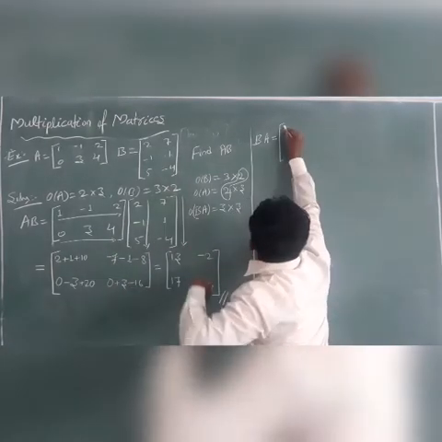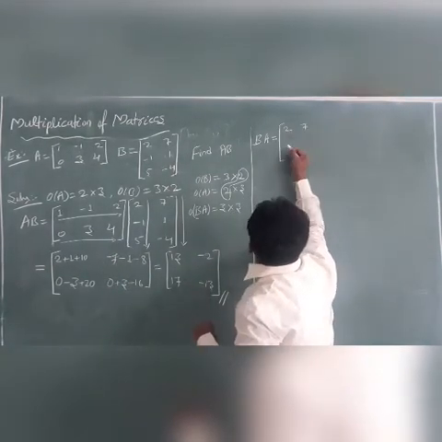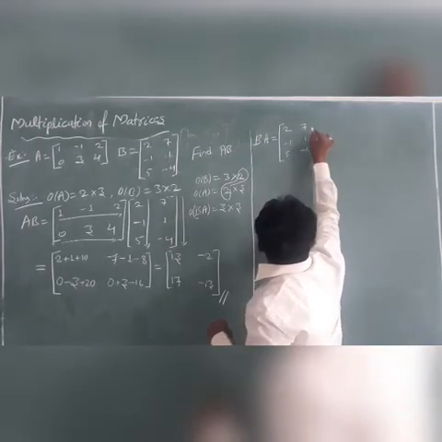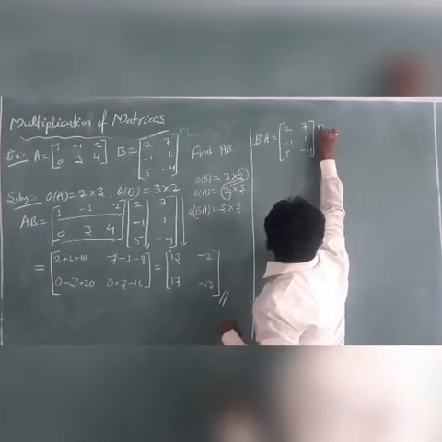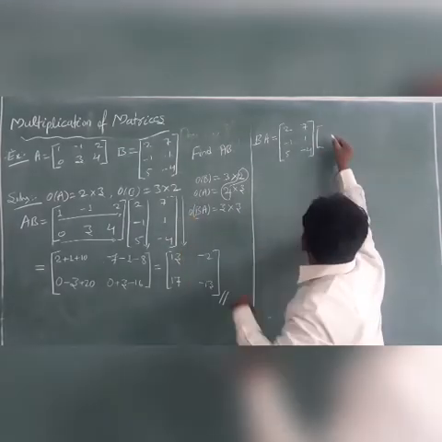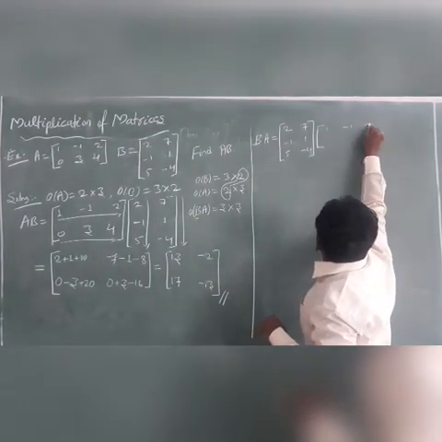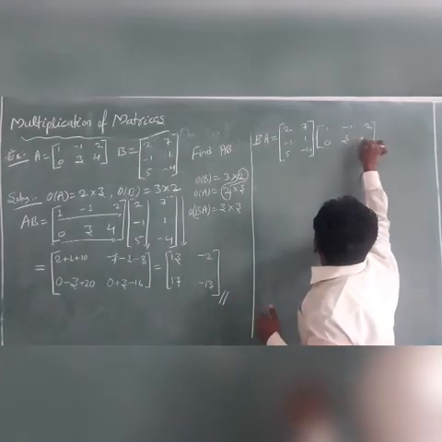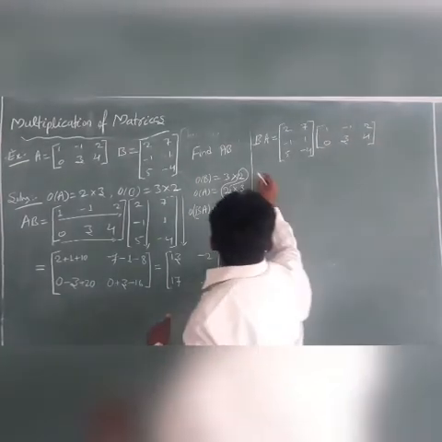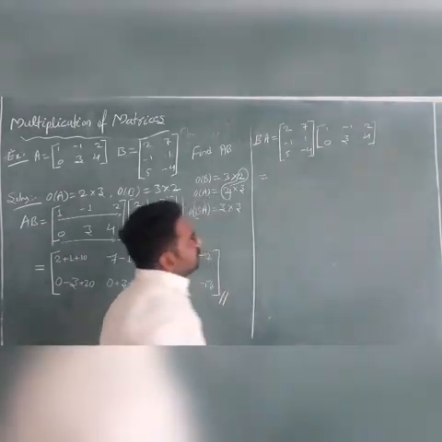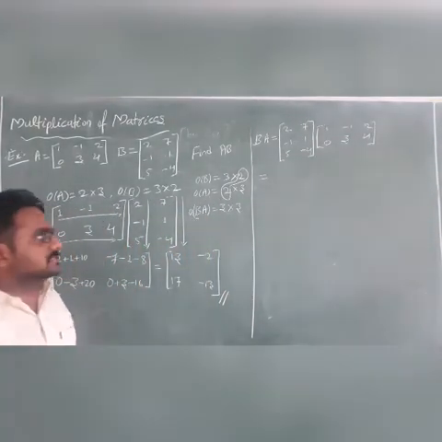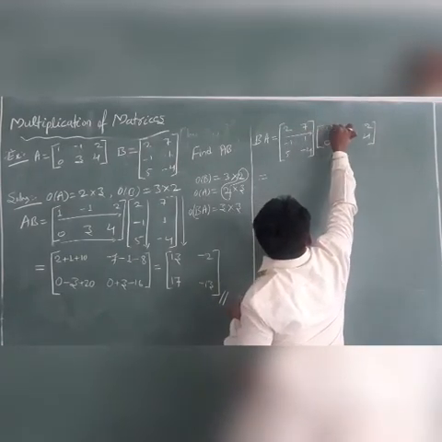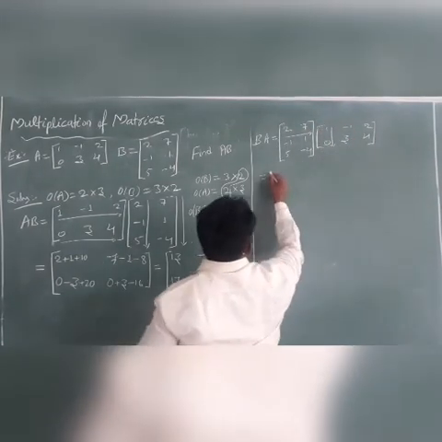Just see, students. What is the matrix B? That is 2 7, minus 1 1, 5 minus 4, into the matrix A. What is the matrix A? 1 minus 1 2 and 0 3 4. This is the BA. How does it work? See here, students. The first row with the first column.